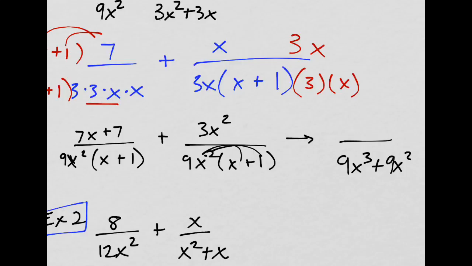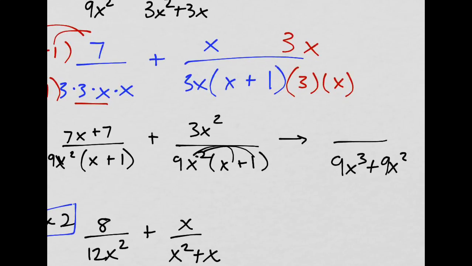Even if you didn't do that, it would still be right. But in the top, I have 7x plus 7 plus 3x squared. Are there any like terms in the top? We have no like terms in the top because this is just regular x. This is x squared.